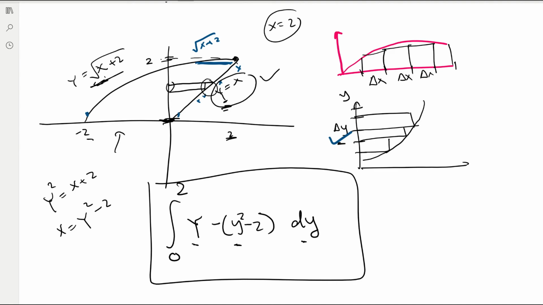Now if you think in terms of y, you're always going between the same two functions. Okay, so this is an easier way to do this. The only thing here is that you need to rewrite the functions in terms of y. You need to make x subject if it is not the subject.